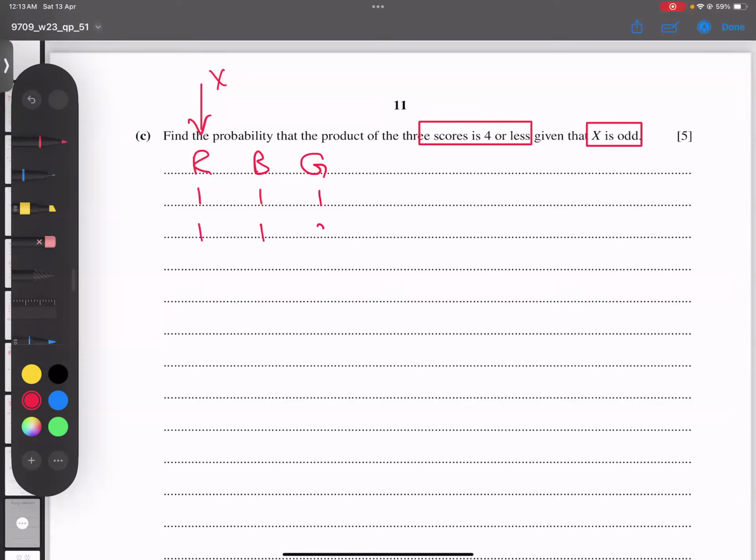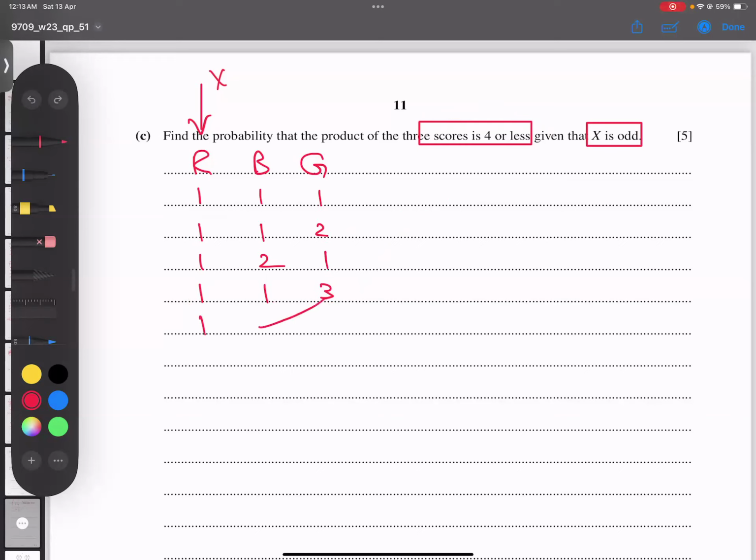I change it here: 1, 1, 2, this is acceptable. Or I can say 1, 2, 1. Still, look at here, this is a very clear odd number. If you multiply them, the answer is 2, which is less than 4. Why not 1, 1, 3? The product is 3, which is less than 4.